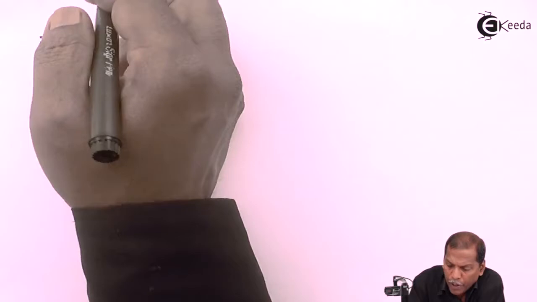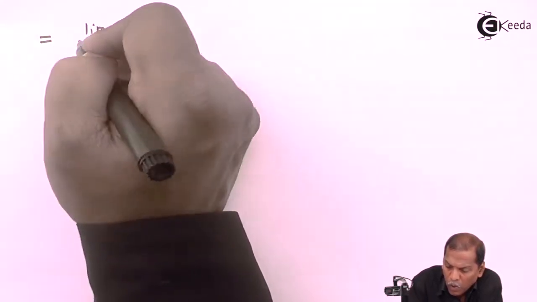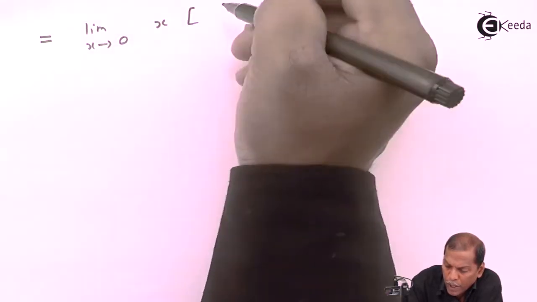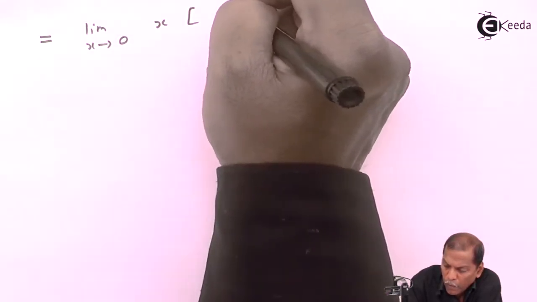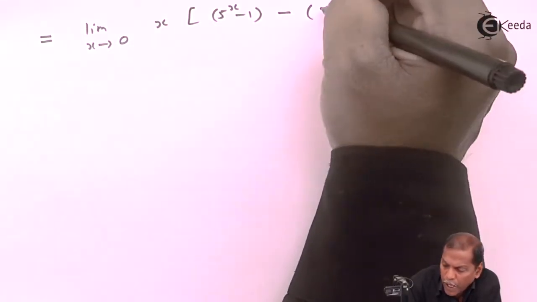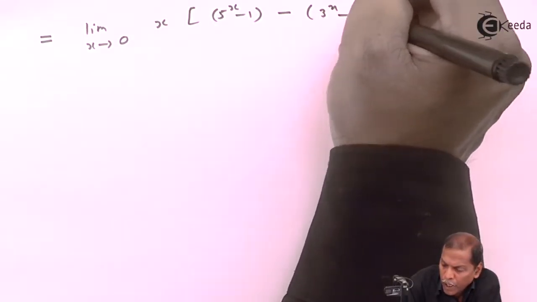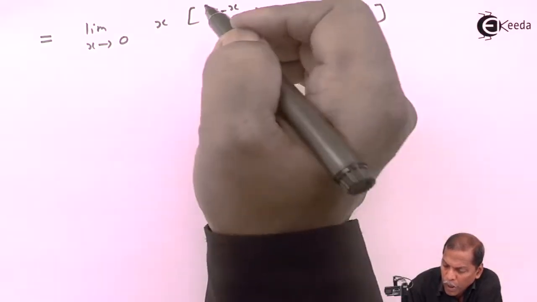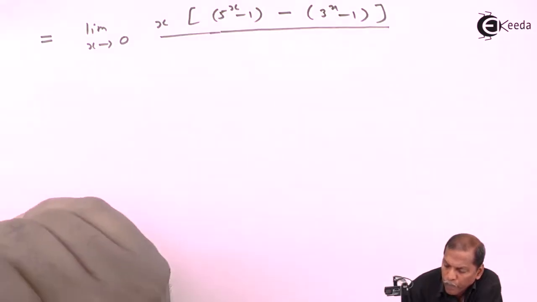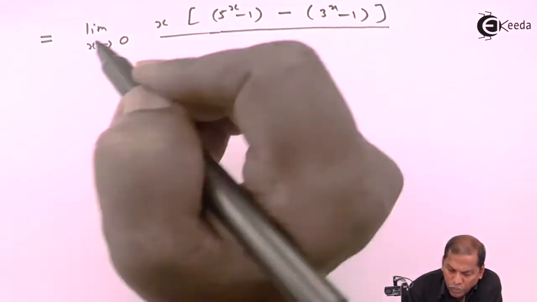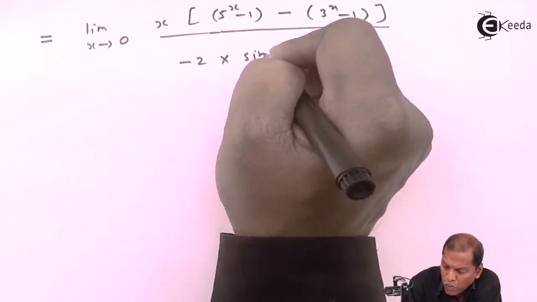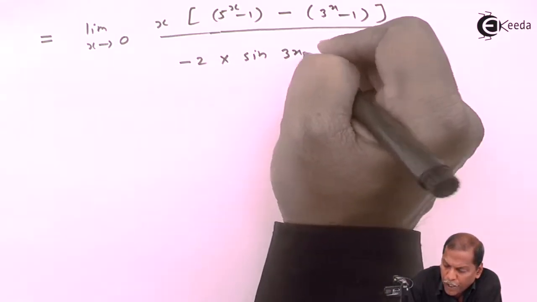The next step will be limit x tends to 0, x in bracket 5 raised x minus 1 minus next bracket 3 raised x minus 1, and the square bracket complete, upon minus 2 into sine of 3x.